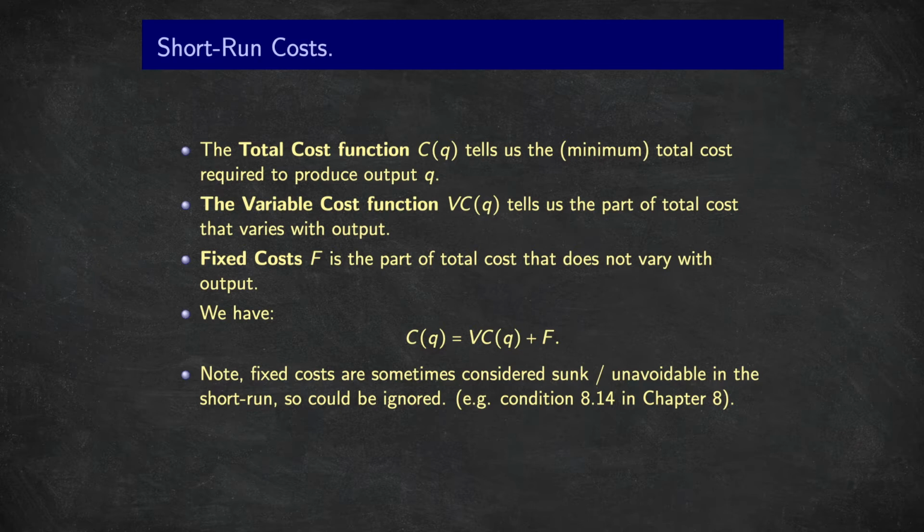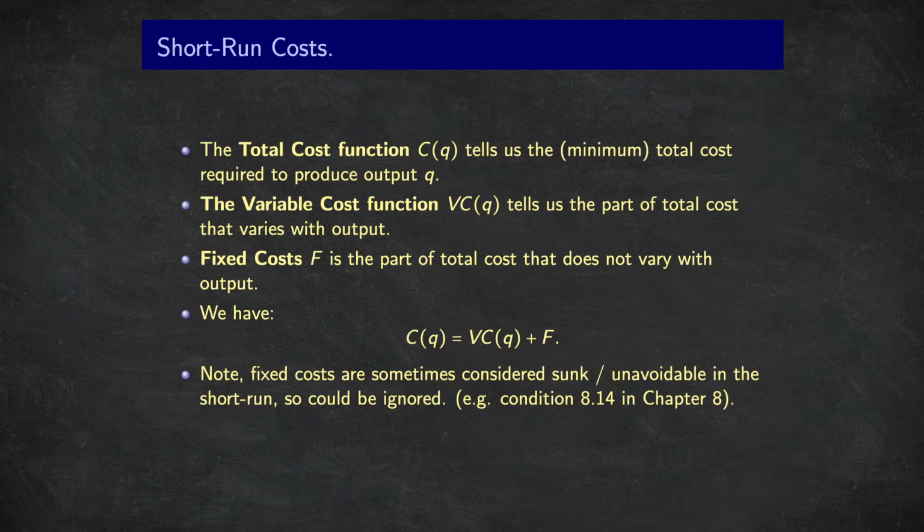Now, sometimes we'll think of fixed costs as being sunk. A sunk cost is a cost that, well, there are various definitions, but for us here, it means that it's unavoidable, at least in the short run. So it's a cost that I cannot escape. Now, in the long run, you may be able to escape this cost.